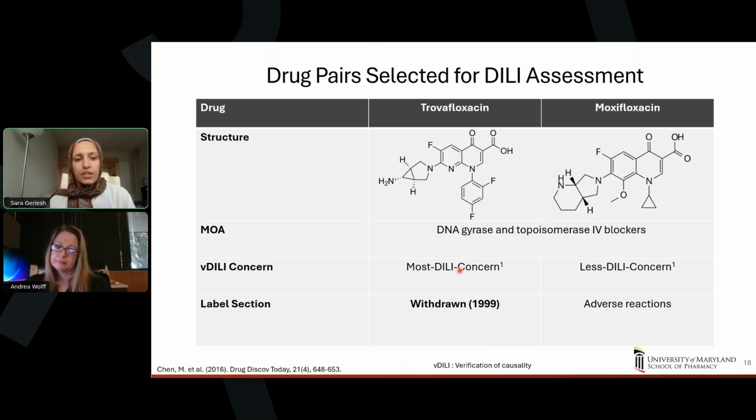And they have the same mechanism of action, but one of them is the DILI-toxic drug, which was withdrawn from the market, which is trovafloxacin. And the other one is moxifloxacin, which is relatively safer than trovafloxacin and still marketed with some rare hepatotoxic events.